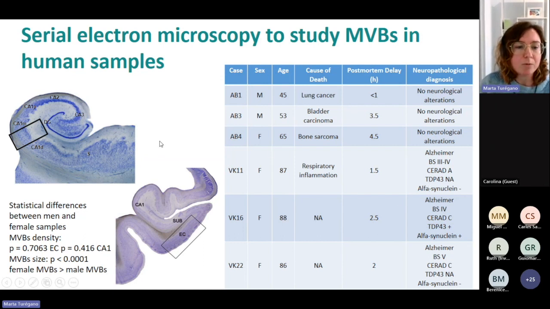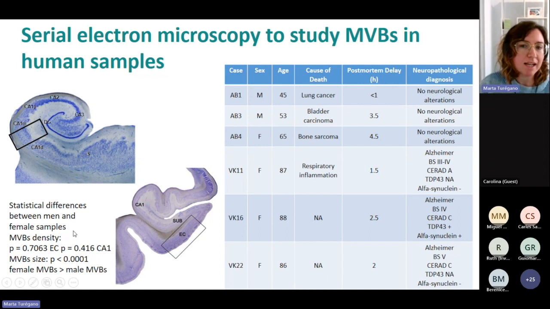And we study the CA1 region and the entorhinal cortex because these are regions that are very vulnerable to the disease. And as you can see, we don't yet have a good balance between males and females in both groups.